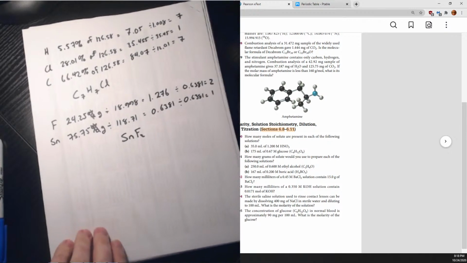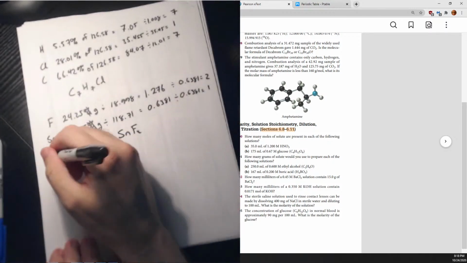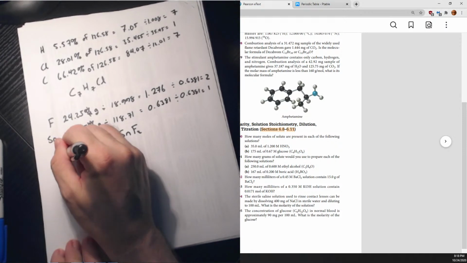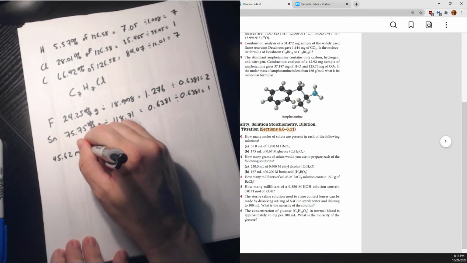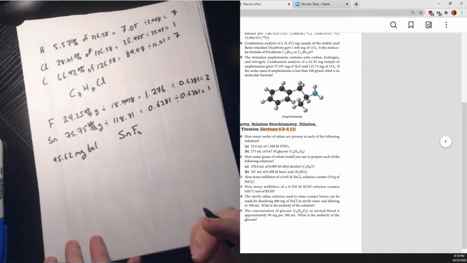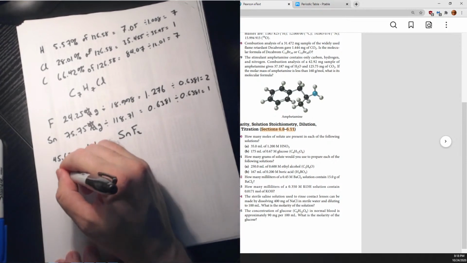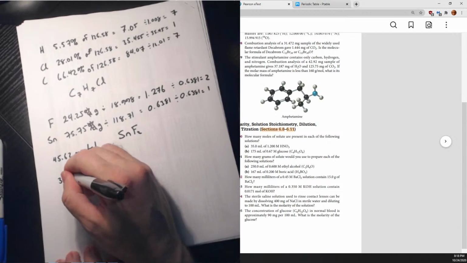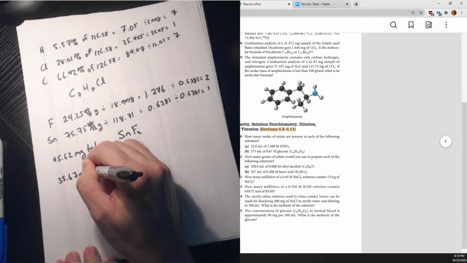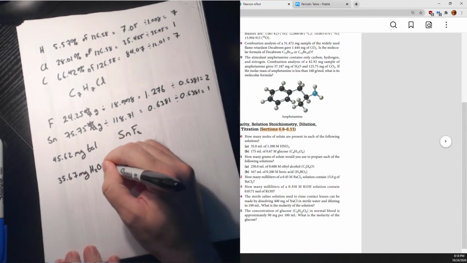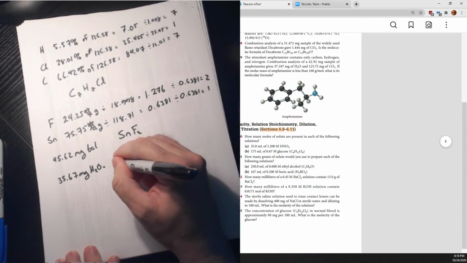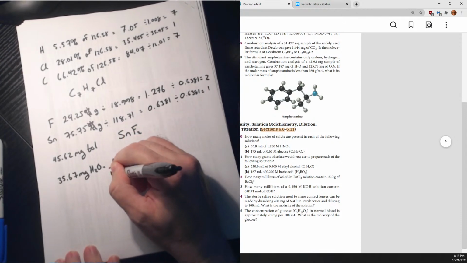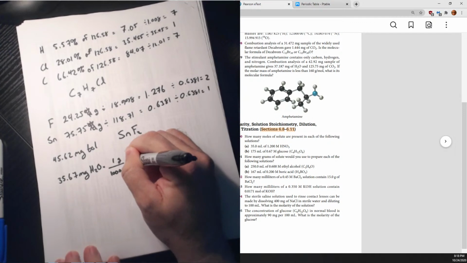Okay, so we started with 45.62 milligrams of our toluene. We have 35.67 milligrams of H2O. So we convert that to grams, 1 gram per 1,000 milligrams.